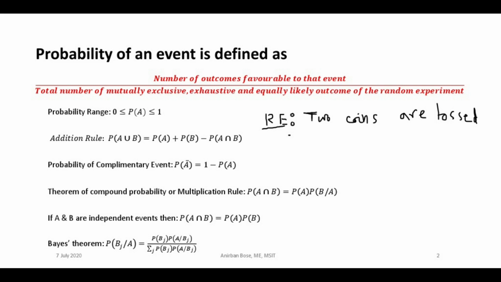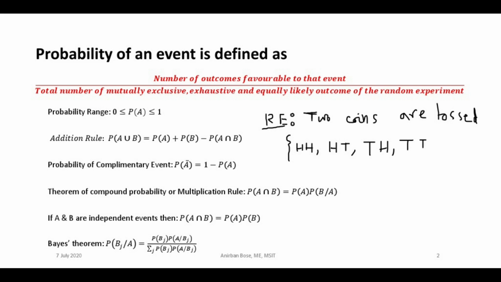Now you see what the possible outcomes of this experiment are. Its outcome can be head in both the coins, or head in the first and tail in the second, or tail in the first and head in the second coin, or tail in both the coins.